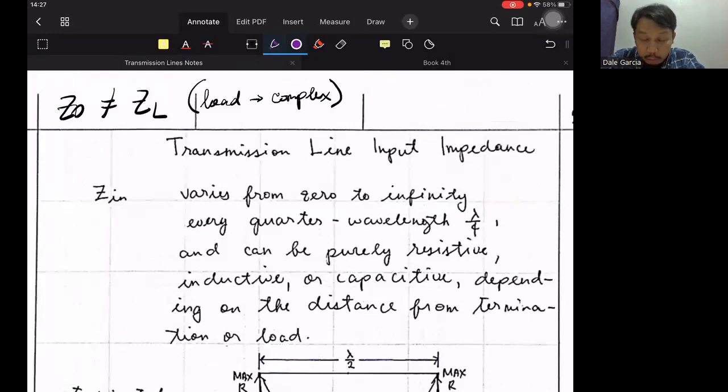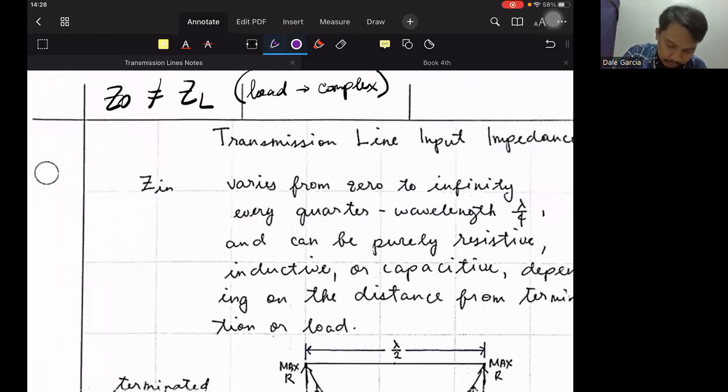So another solution on how to match the load and the line is to connect a piece of transmission line between the load and the line, no? So maragyan okay. So this is our line, no?